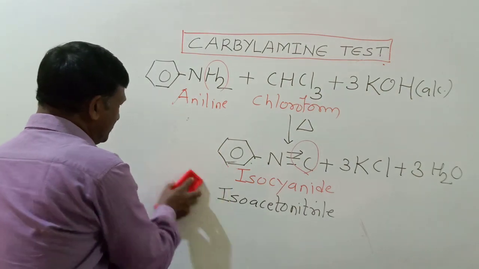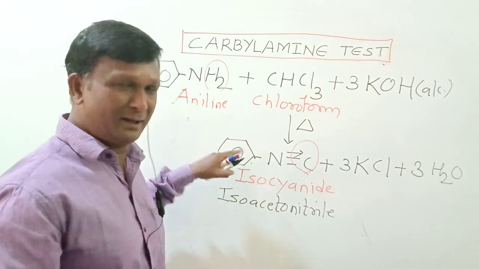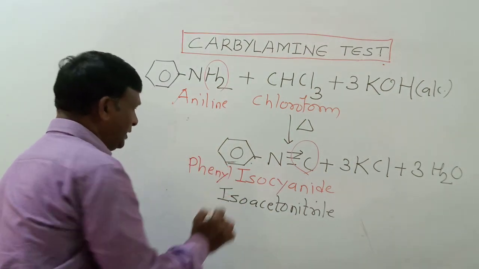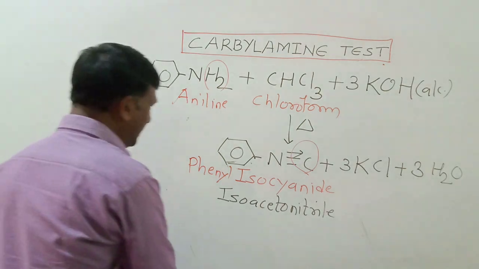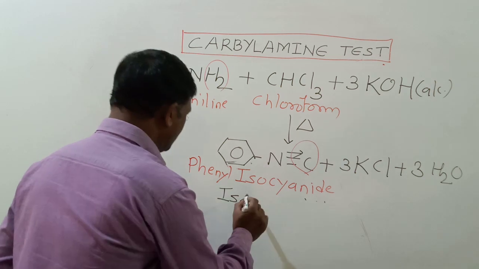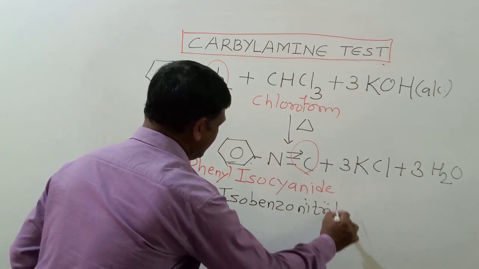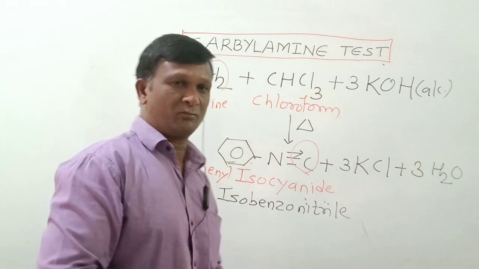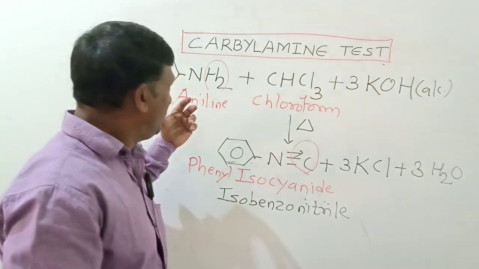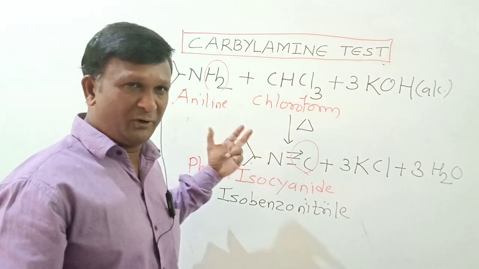So in this case it is Ar, aryl substituent, and it is called phenyl. So the product obtained is phenyl isocyanide, which is also called isobenzonitrile. So for this reaction, these two examples are sufficient.